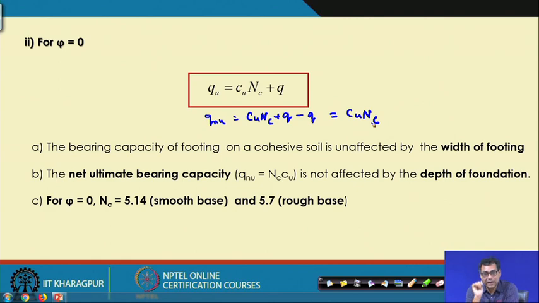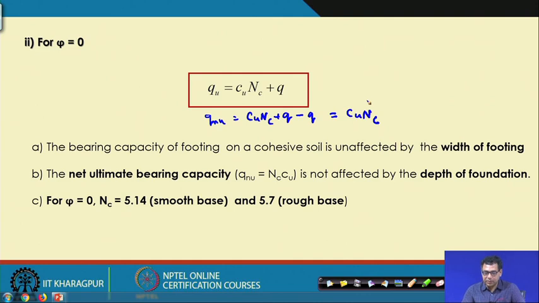So, if it is a net ultimate, then unit weight also does not have any influence. Depth of the foundation also does not have any influence on the bearing capacity. It is only cohesion and then 5.7 or 5.14 depending upon the roughness of the footing. So, that means it is only the cohesion dependent value if it is the net ultimate.